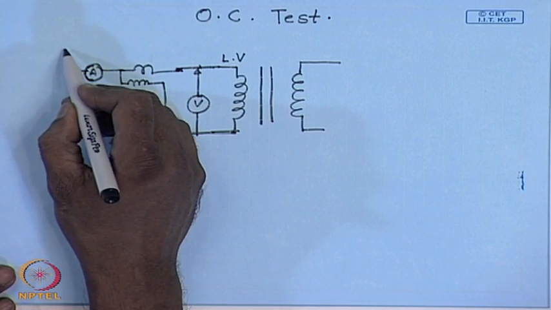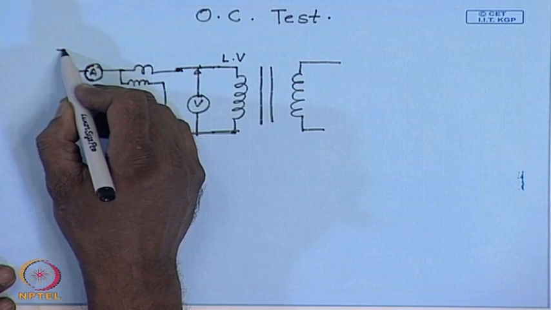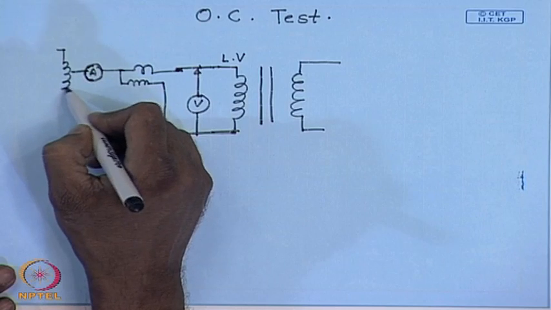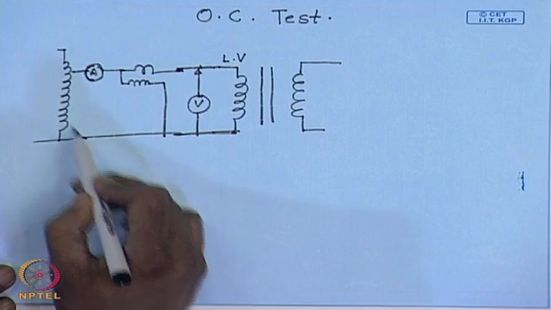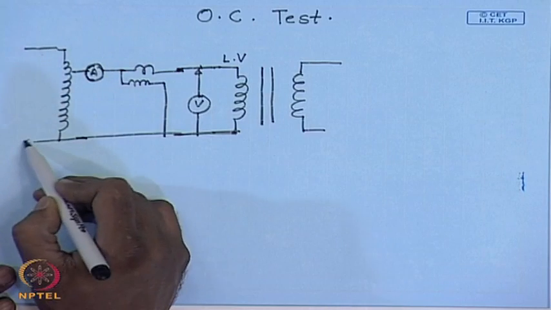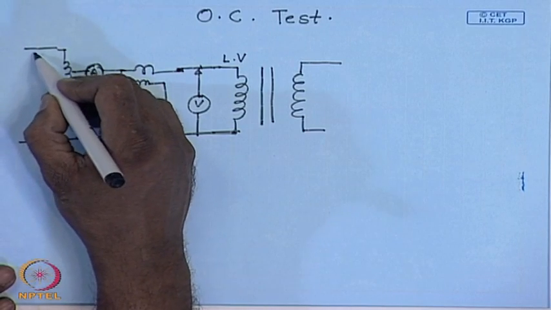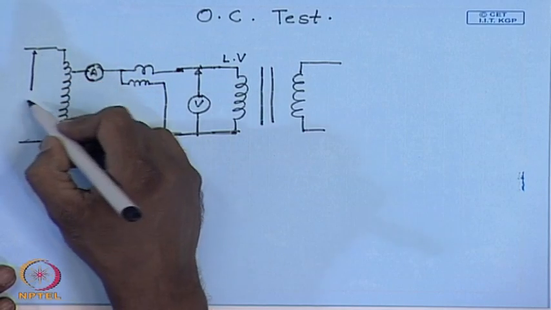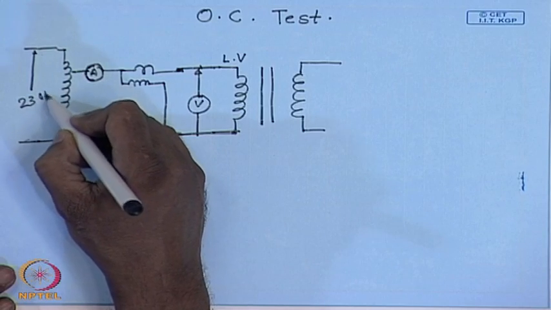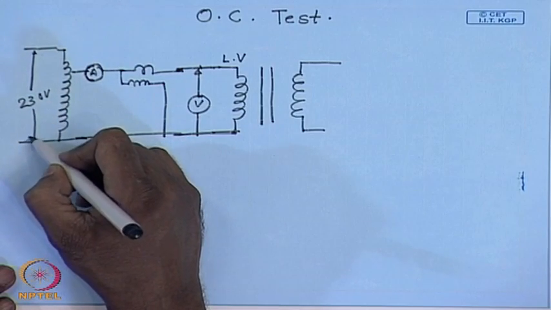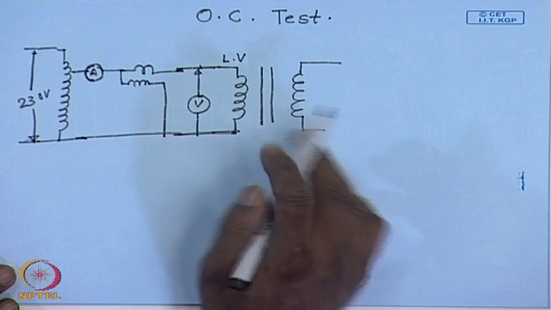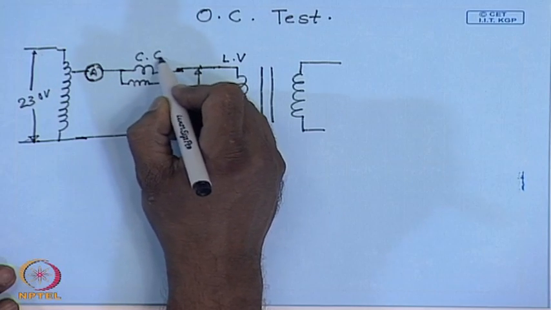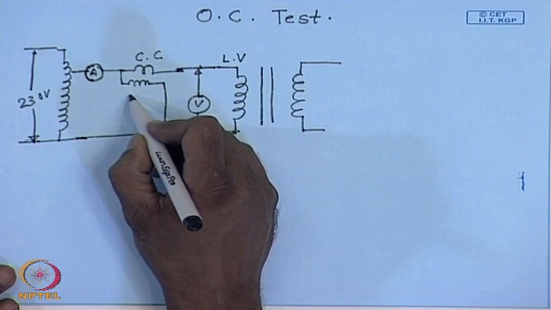Therefore, here also normally a variac will be used. For example, the available single phase supply may be 230 volt, whereas our transformer rated voltage is just 200 volt. So, we need a variac.